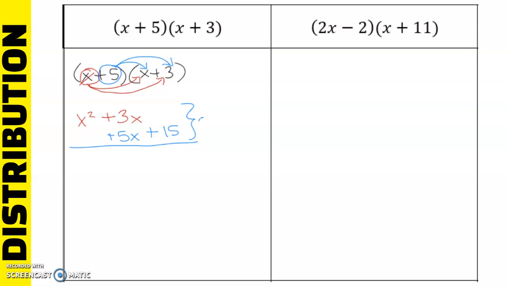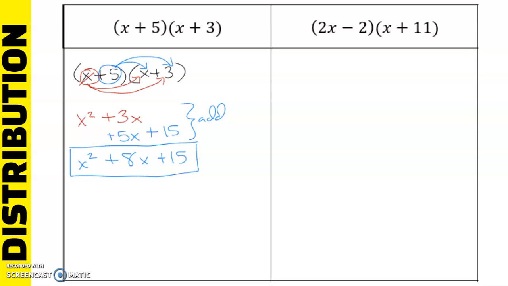I'm going to add these rows together, so I get x squared plus 8x plus 15. That's as simplified as I can get. I don't have like terms. Like terms, same variable, same exponent. My exponents don't match, so I can't combine those together. So there is distribution.